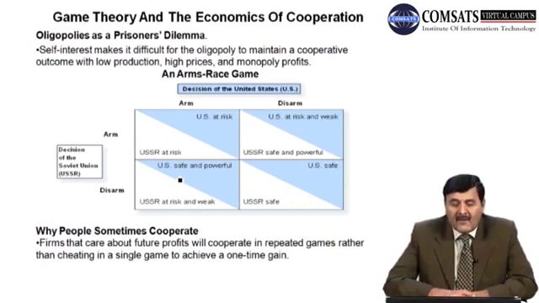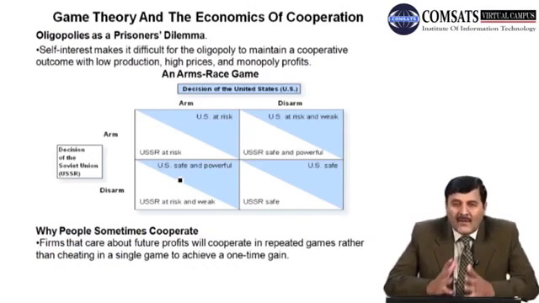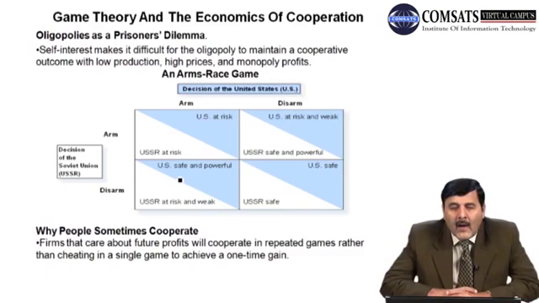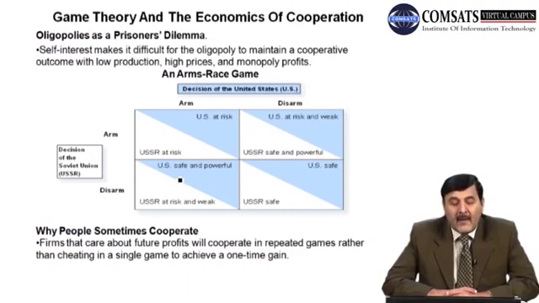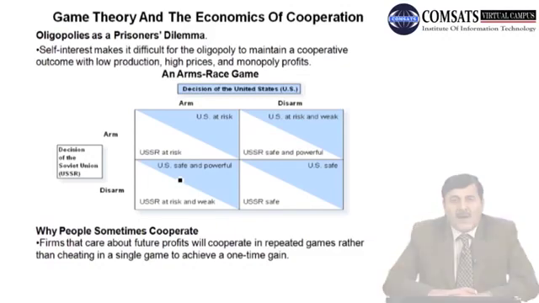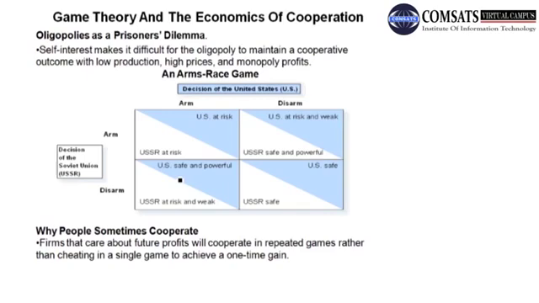The opposite is the case when the USA decides to keep arms and the USSR decides to disarm, right? In that case, when the USA decides to keep arms, the USA is a safe and powerful country, and if the USSR disarms, then of course the USSR is at risk and weak.